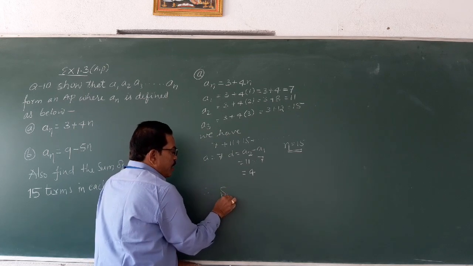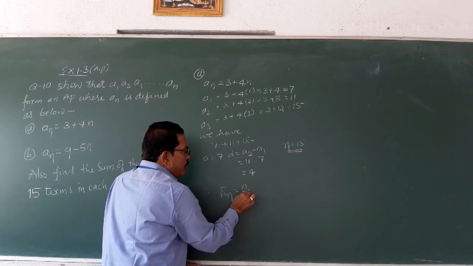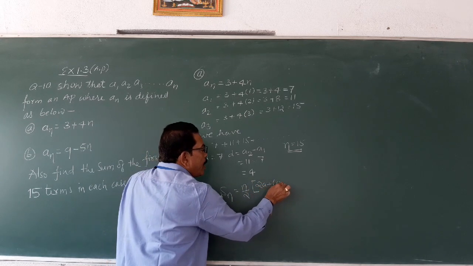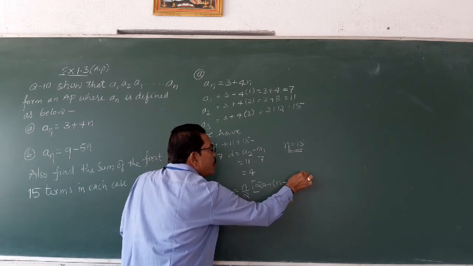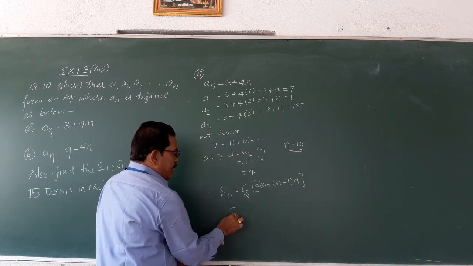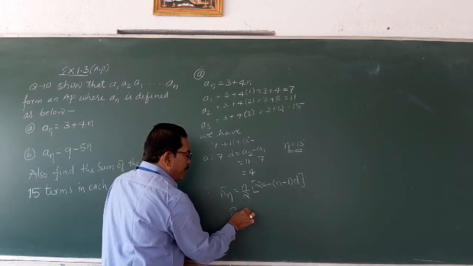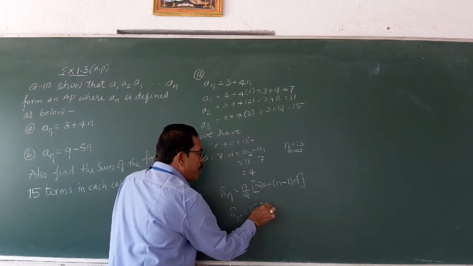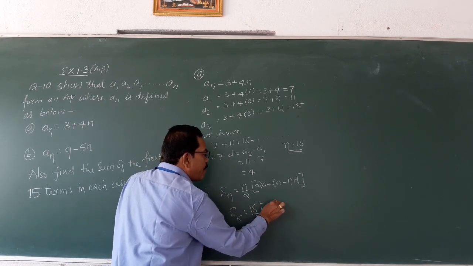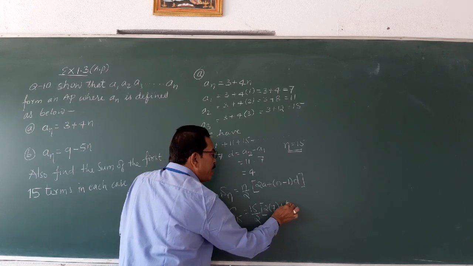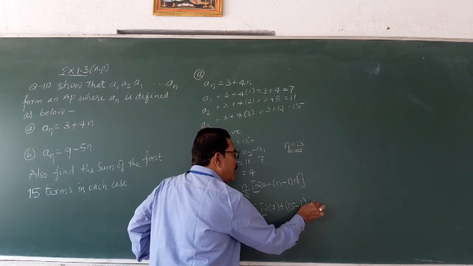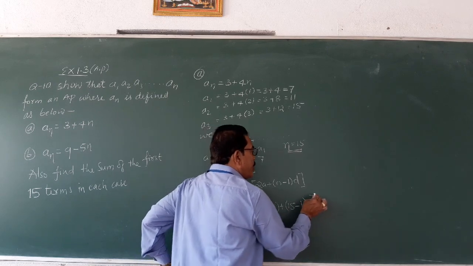Therefore, Sn equals n by 2 in the big bracket, 2a plus n minus 1 into d. S15 equals 15 by 2 in the big bracket, 2 into 7 plus 15 minus 1 into d, d is 4.